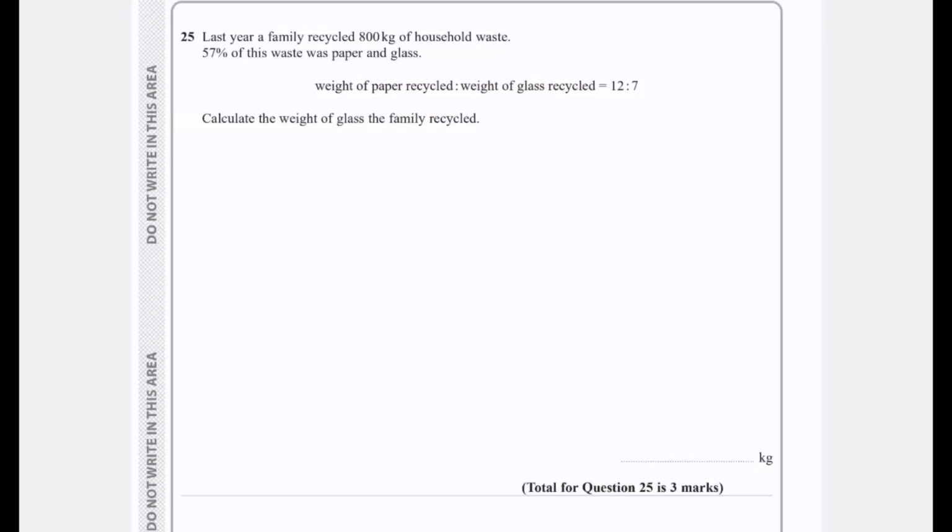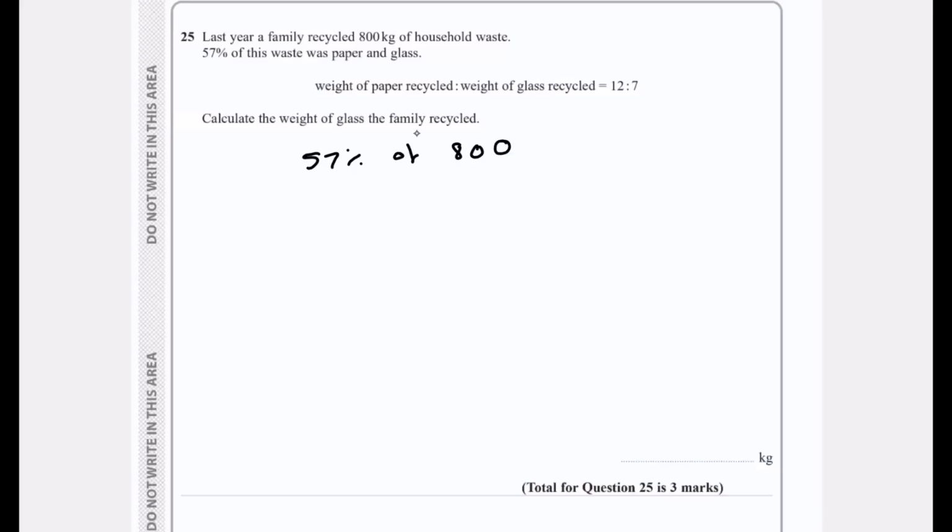Question 25. Last year, a family recycled 800 kilograms of household waste. 57% was paper and glass. And we've got a ratio of paper to glass. So let's work out how much is paper and glass. So 57% of 800. We can do 57% times 800.